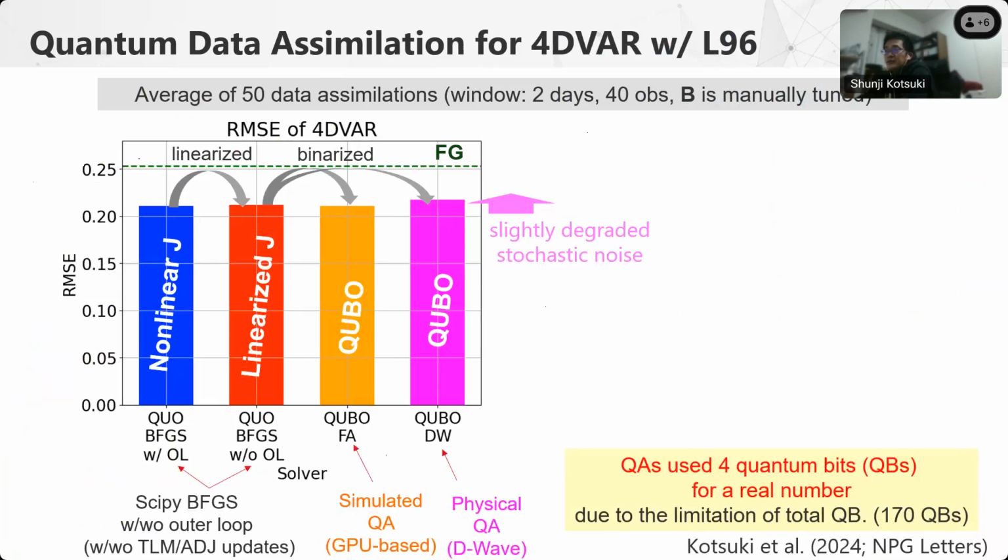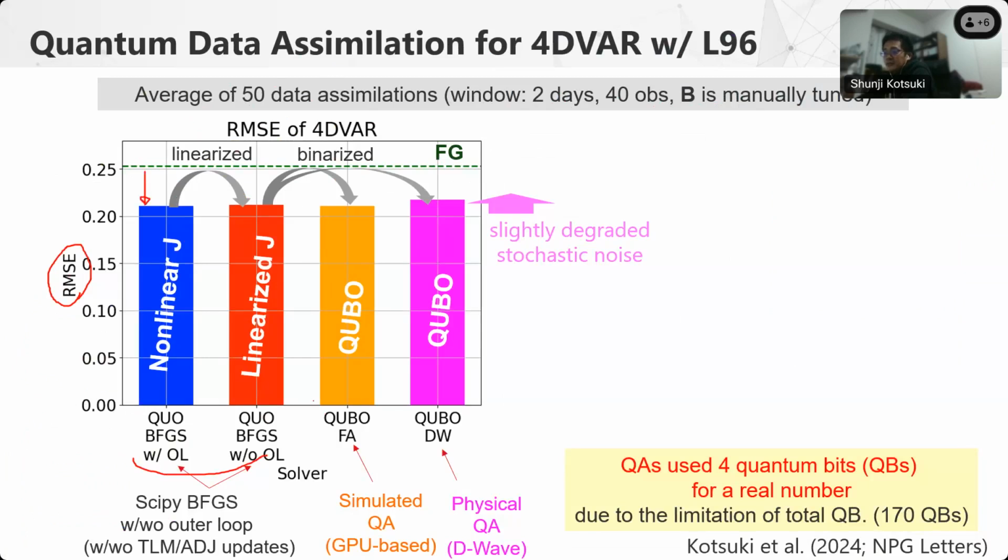This figure compares the root mean square error over the 50 data assimilation experiments with 2-day windows and 6-hourly observations, and the background covariance is manually tuned. The first is the conventional 4D-Var with and without outer loop, and we see the reduction of the root mean square error against the first case.